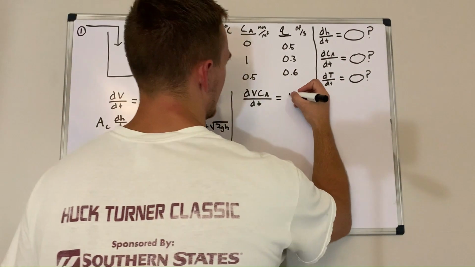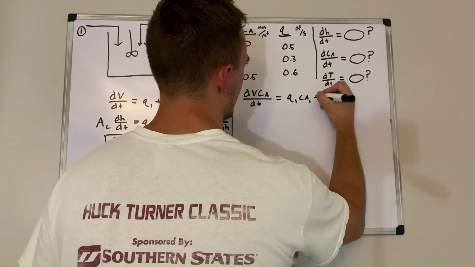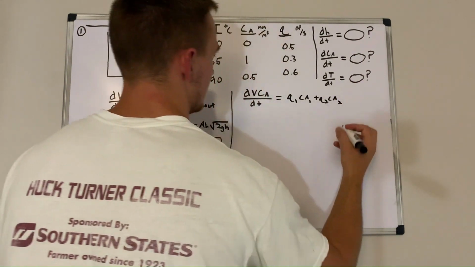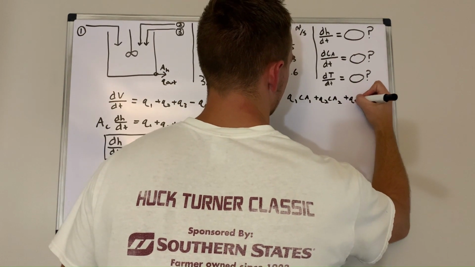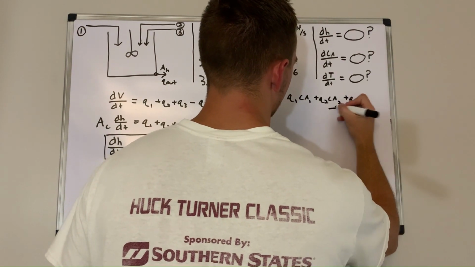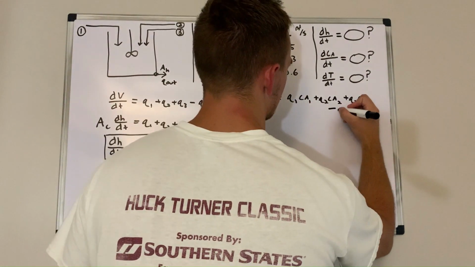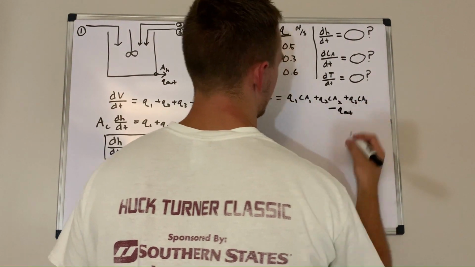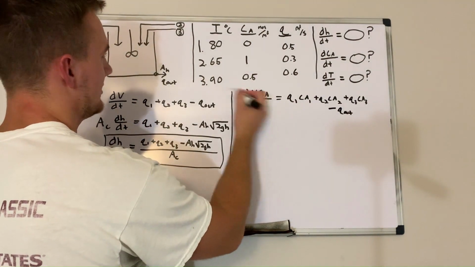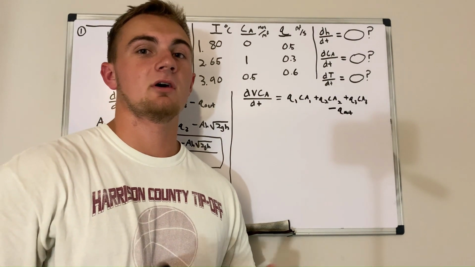So I have Q1 Ca1 plus Q2 Ca2 coming in, plus Q3 Ca3, and then we will subtract Q out, and the concentration of A going out will be the same concentration of A that is inside the tank, because we are told that it is well mixed.